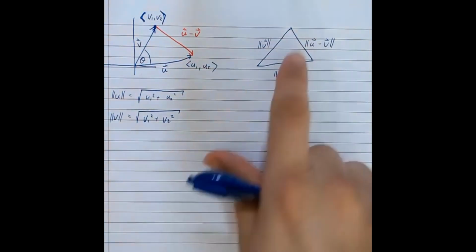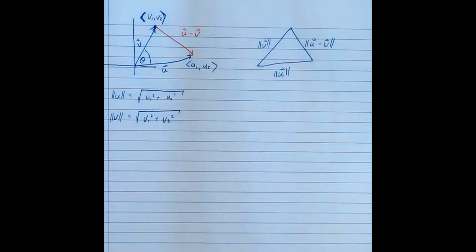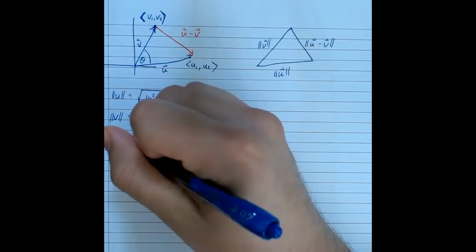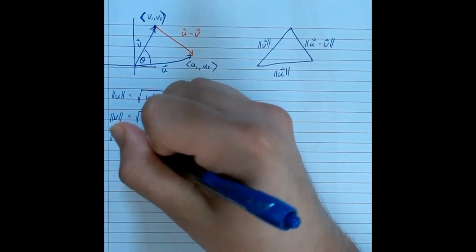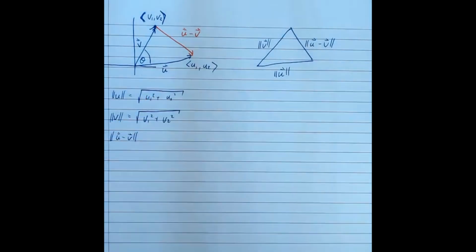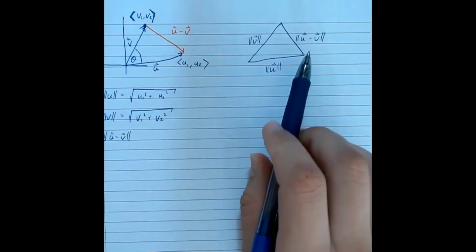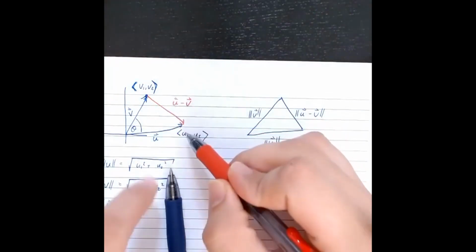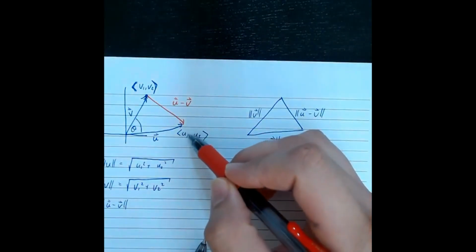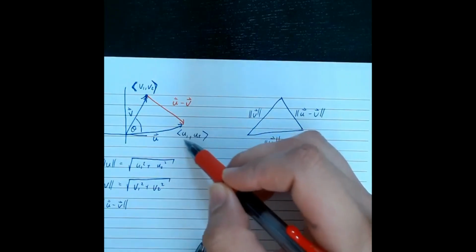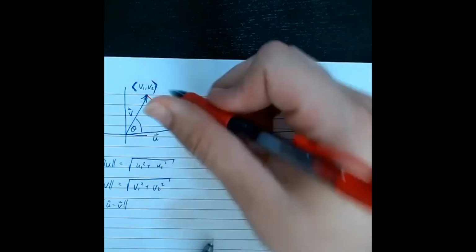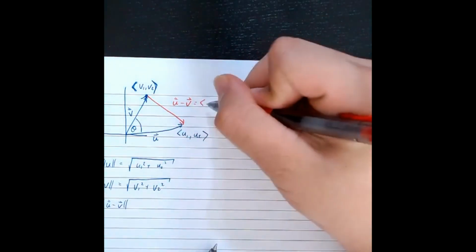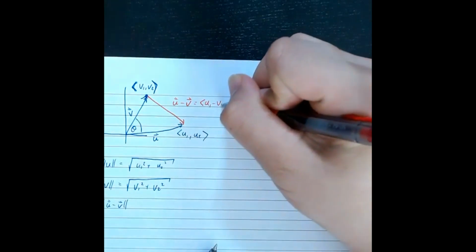And then we're going to find the magnitude of u minus v. Well, how do you find the vector u minus v? I take the first component of u and subtract away the first component of v, so that one's u1 minus v1.